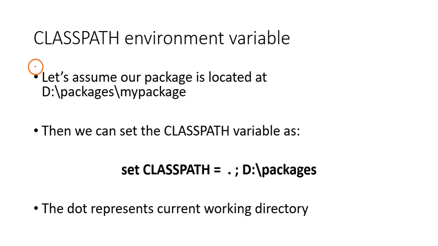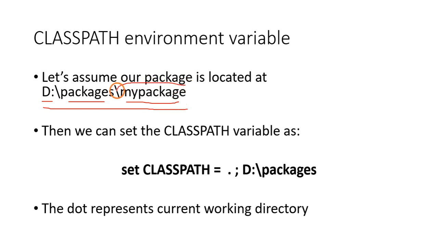And how do you use the classpath environment variable? First of all, when do you use it? When you are storing the package outside the current working directory. So let's take this example. You are storing the package at this location. In the D drive, there is a package called packages, and within the packages folder, there is another package called mypackage.